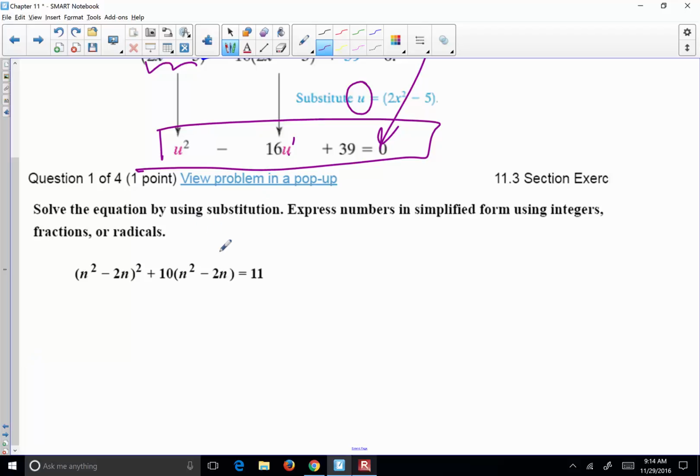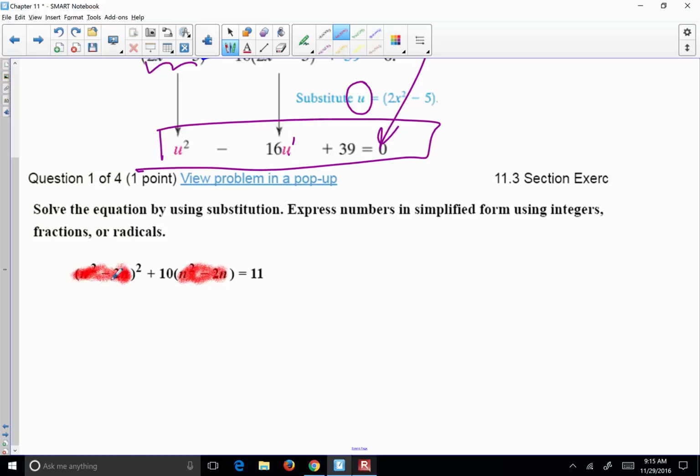Here is our first question. Number 1, you have stuff squared. Look, I just want you to ignore what you have right here, or color this off. Cover this up. What do you have?